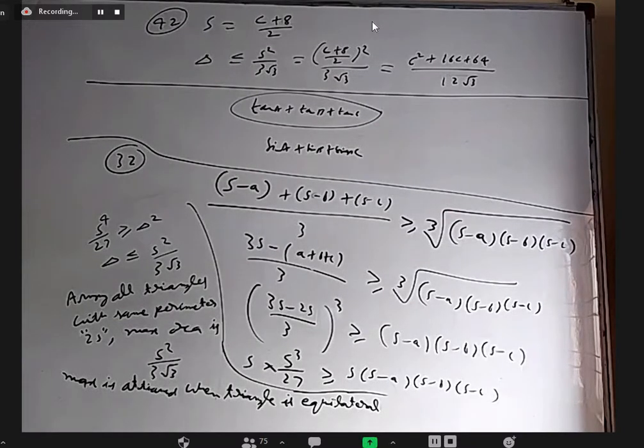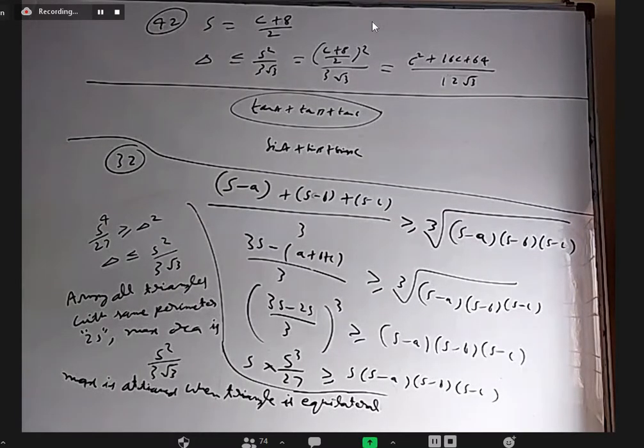Sir, minimum is 3 root 3 by 2. Are you sure it is minimum or maximum? Sir, minimum is 0, maximum is 3 root 3 by 2.